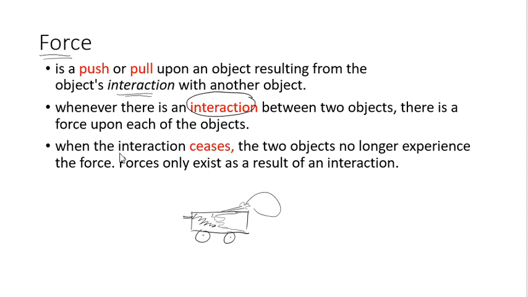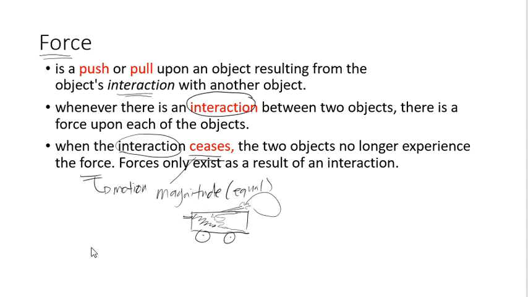And when this interaction ceases, that means they don't disappear. It's just the magnitude that seems to be equal. Then the object no longer experiences a force that would cause the object to be in motion.